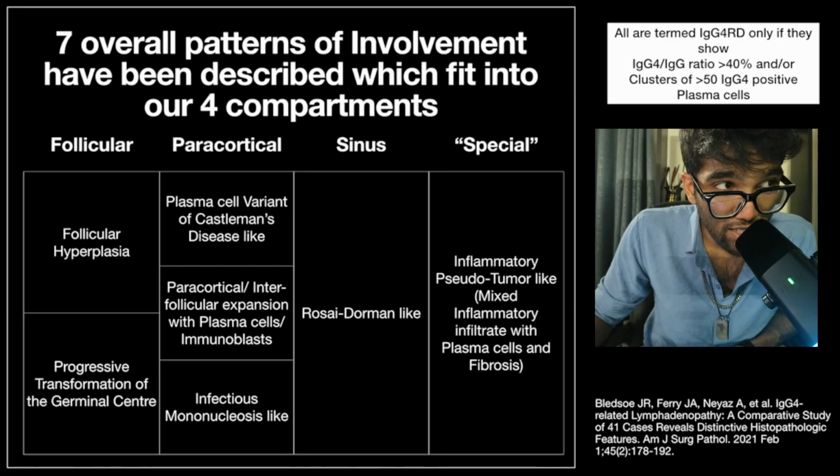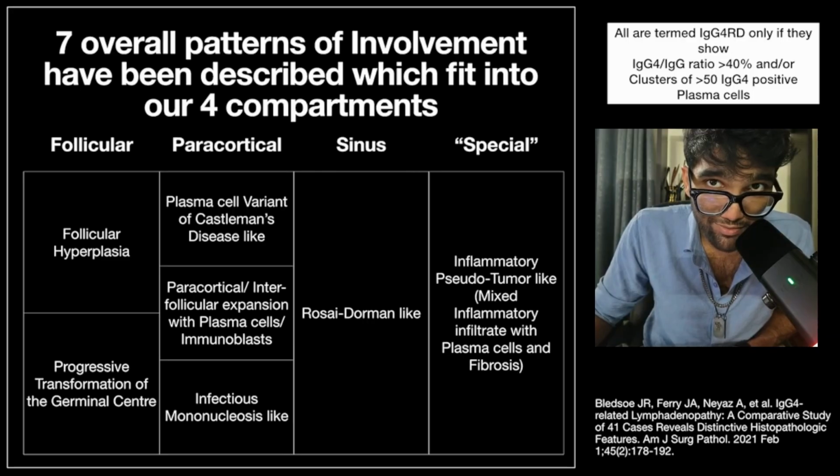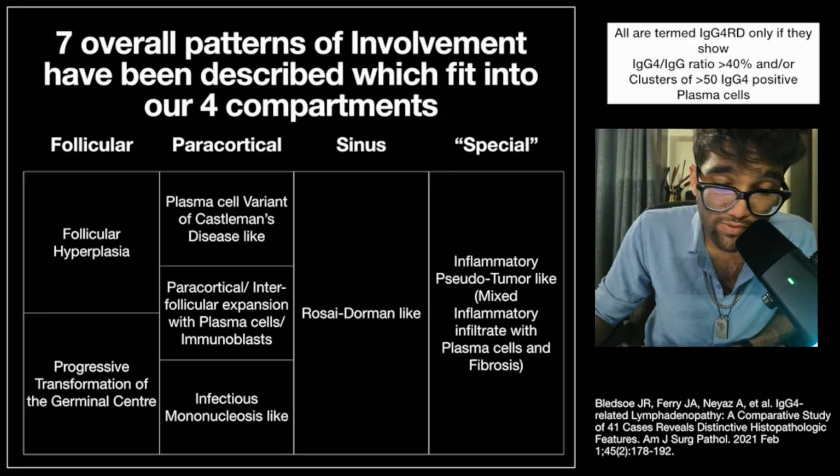Or you have clusters of more than 50 IgG4 positive plasma cells. Now, it's rare, and often the latter, the presence of clusters of more than 50 IgG4 positive plasma cells in a high power field, is the finding that results in diagnosis.